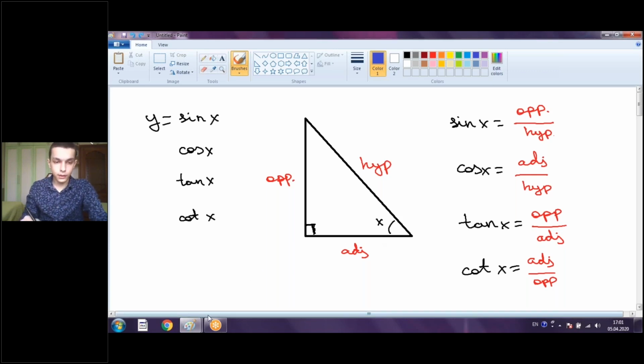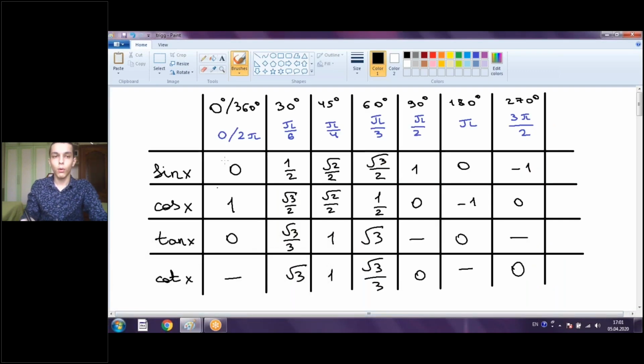And we have a table with basic angles, where we have 0 degrees, and 360, 30 degrees, 45, 60, 90, 180, and 270 degrees. Those are the basic angles, and we have the values of these trig functions here.